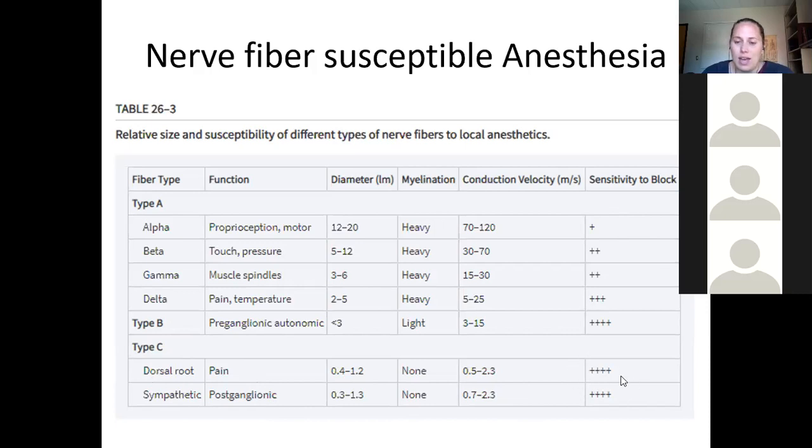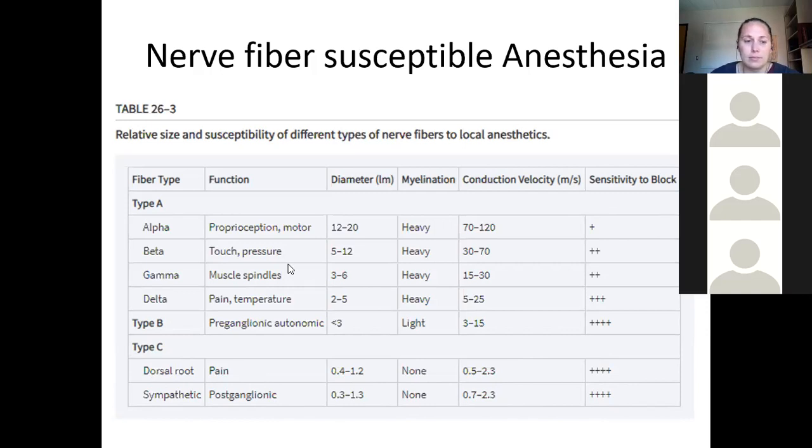And then you can see those are going to have high sensitivity to block as well. So again, it's just interesting to note the differences in susceptibility of these different fiber types to this sodium channel block. And often it is a reflection of the activity of those specific cells.